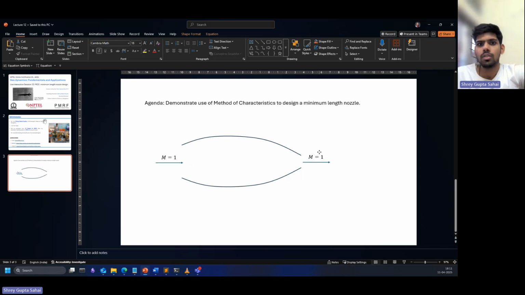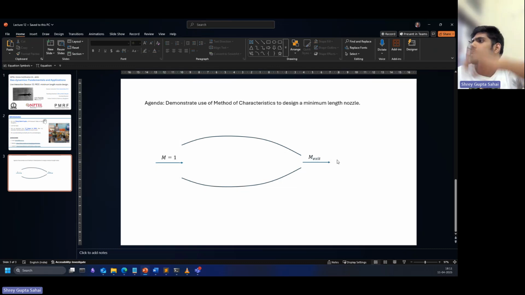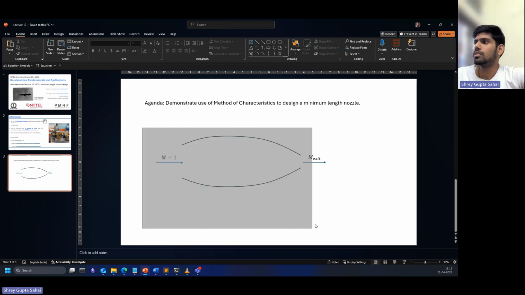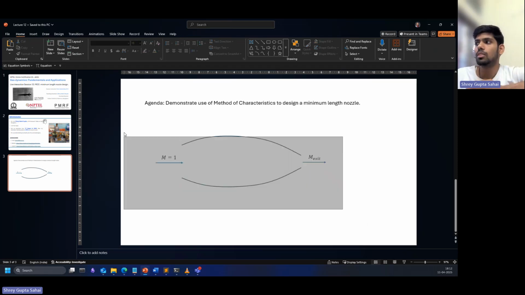So don't focus too much on the shape of the nozzle. Just take it as a system where you have some sonic flow at the inlet, and you want to expand it. That's the idea, and we want to design a minimum length nozzle.